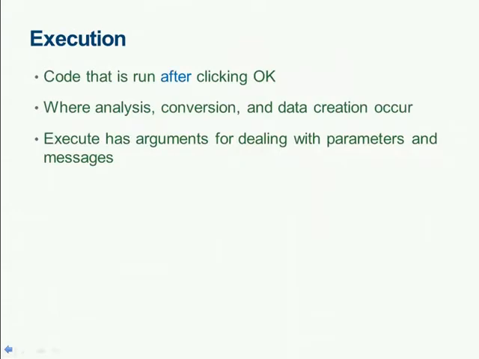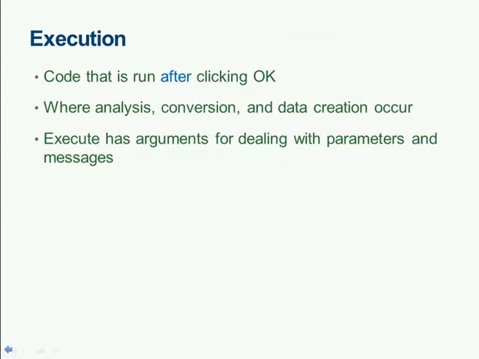The execute method is going to be run or called after we have populated our parameters, after all validation has been done, and we click OK. This is what we associate with the script tools that we've authored in the past. This is where the analysis, the conversion, or the data creation occurs.